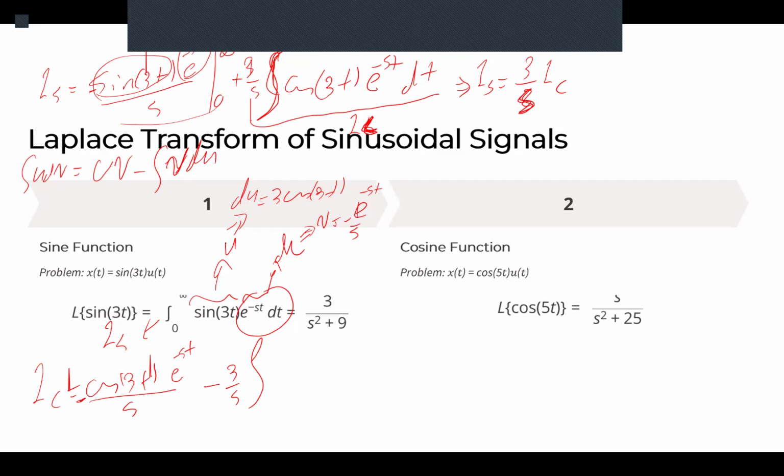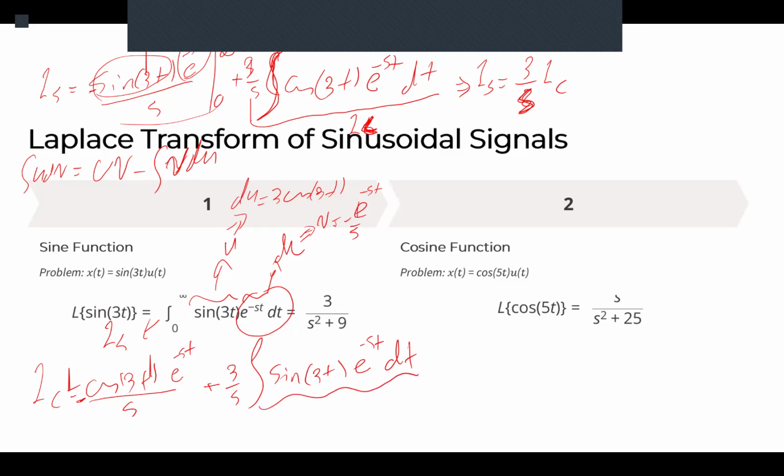The differential of cosine is going to be minus sine, so it becomes plus sine of 3t e to the power of minus st dt.